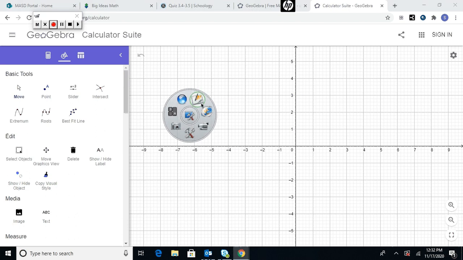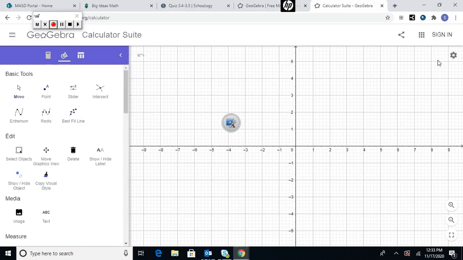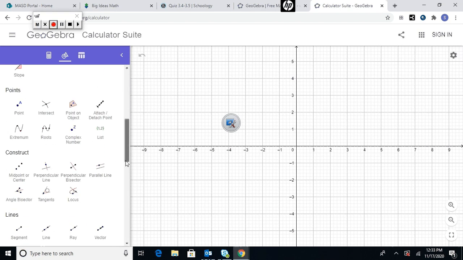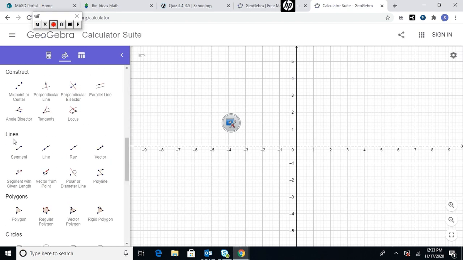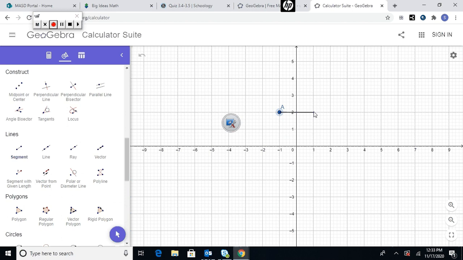Now it wants us to graph the segment -1, 2, 1, 2. So let's do it. Let's go to segment. Under the line section, we see segment -1, 2, 1, 2. Boom.